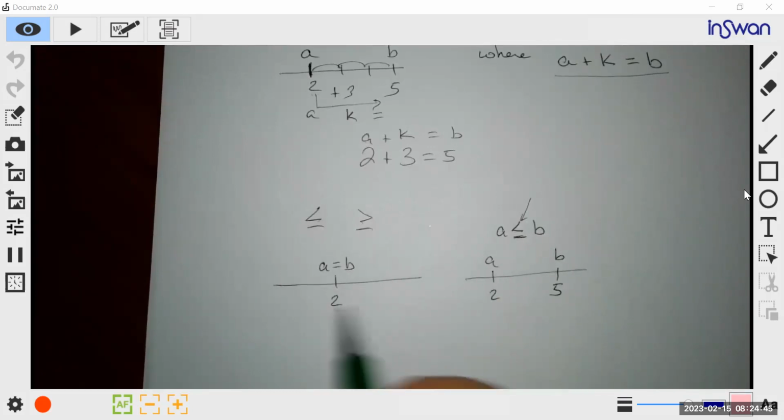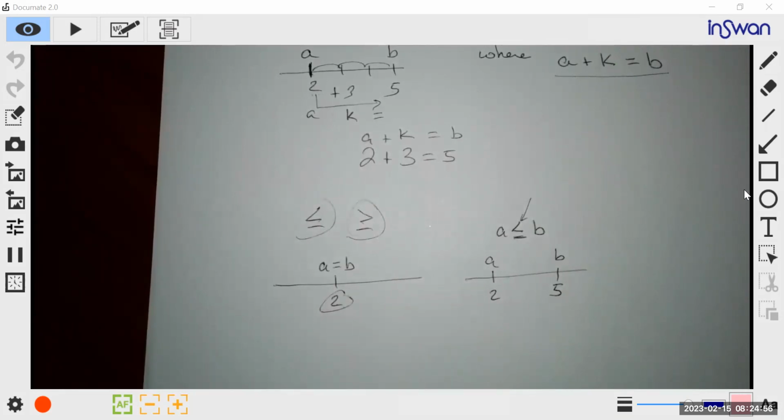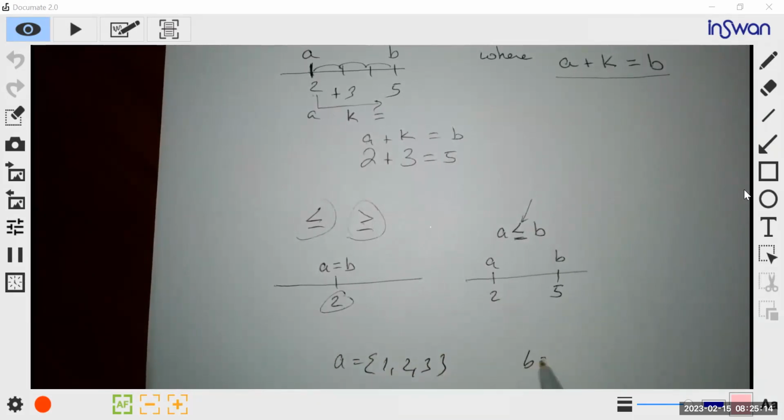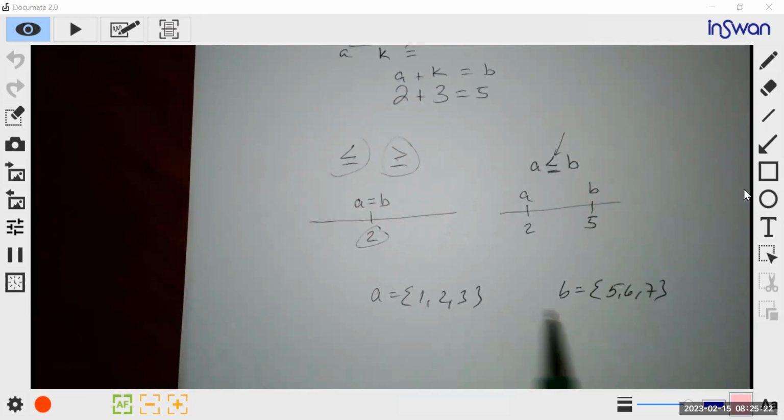Well, which means I could rewrite them like this. So if A and B can have the same value, then I use the strict inequalities with an equal sign underneath it. Yeah, but it all depends on how you define A and B. If A is just the numbers 1, 2, 3, and B are the numbers 5, 6, 7, is there any number I could choose where this would be true?